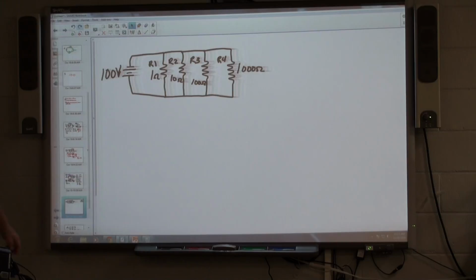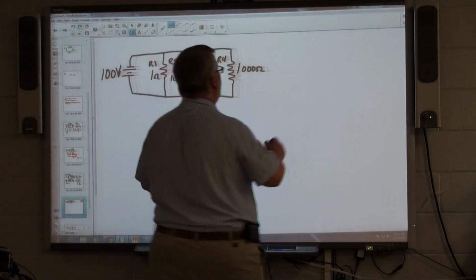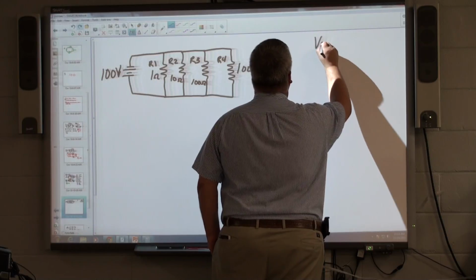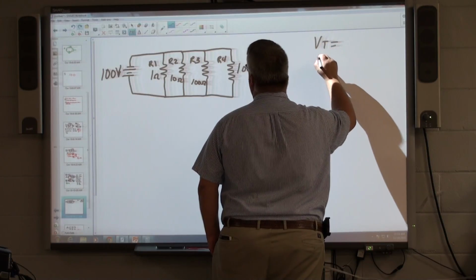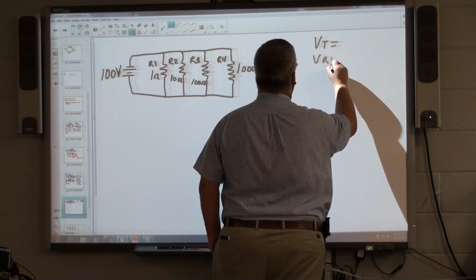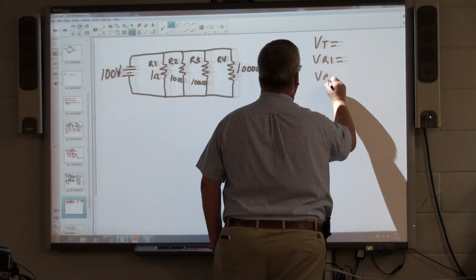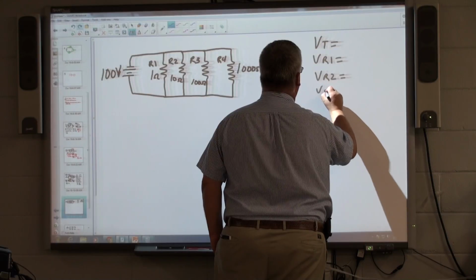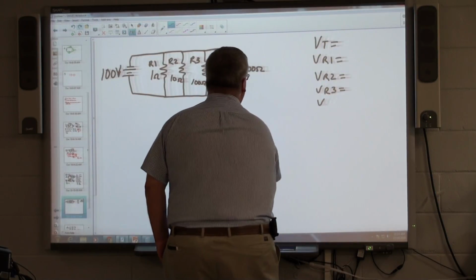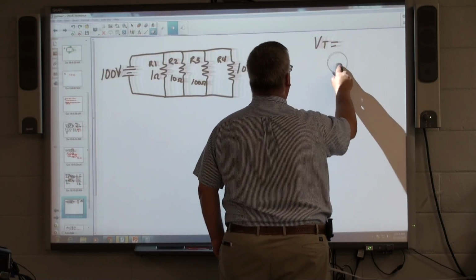So let's go ahead and write down some things we want. We're gonna want VT, V total, which we know already. We wanna know V of R1, V of R2, V of R3, V of R4. Let me write a little smaller. We're gonna need a little more room.